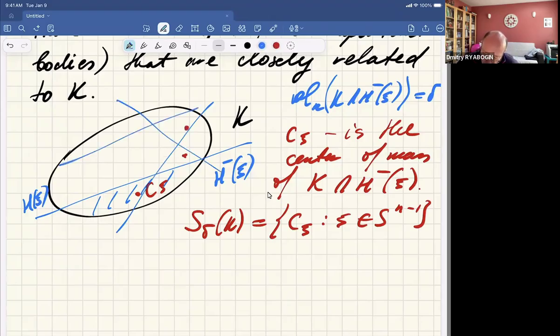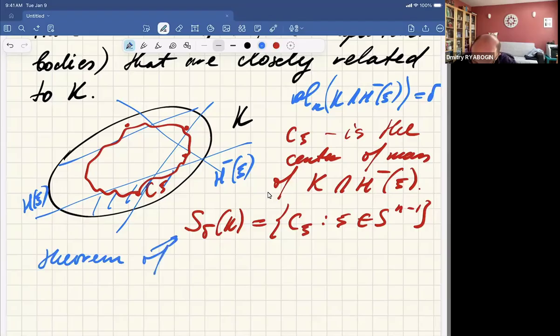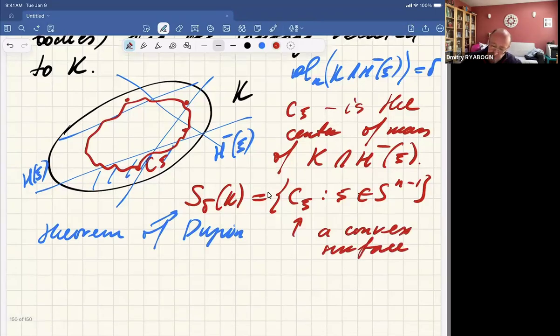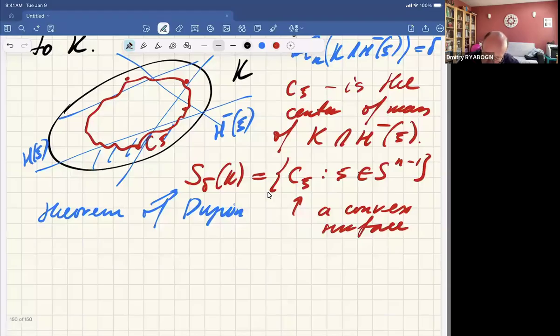If I take this one, I'll take here the center of mass. And in principle, I have some set here. But it turns out there is this theorem of Dupin: this is always a convex surface. And so the picture indeed is much more beautiful than I drew. It's indeed something like this.